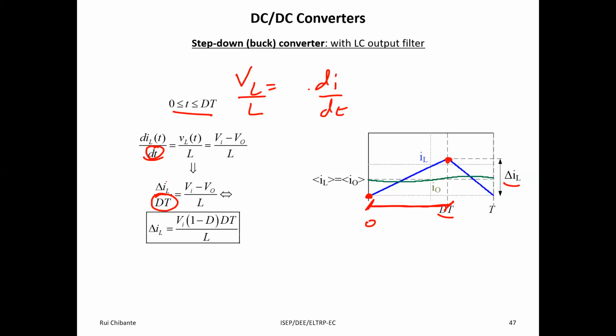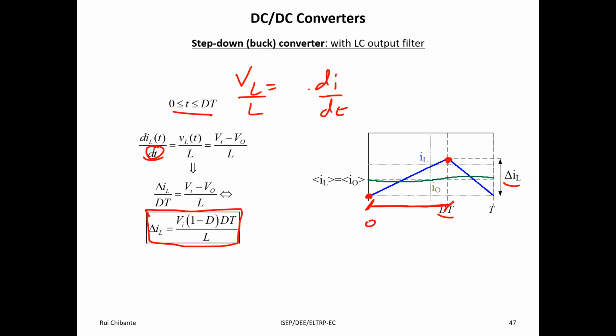So doing this, solving for the current variation, we get an expression that is important because we can use it in essentially two ways that I am going to mention.